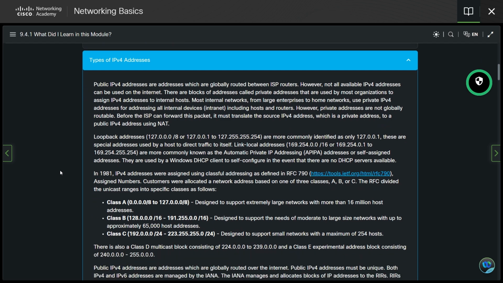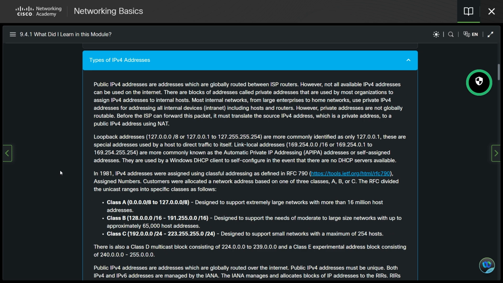Public IPv4 addresses are addresses which are globally routed between ISP routers. However, not all available IPv4 addresses can be used on the Internet. There are blocks of addresses called private addresses that are used by most organizations to assign IPv4 addresses to internal hosts.